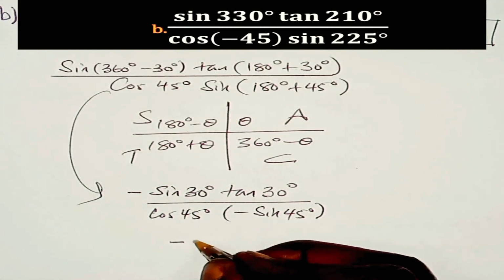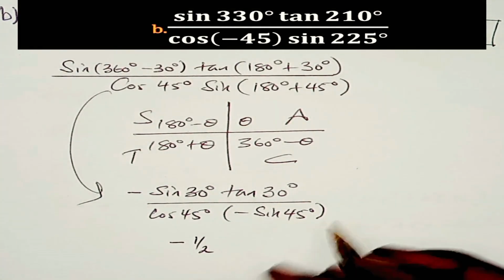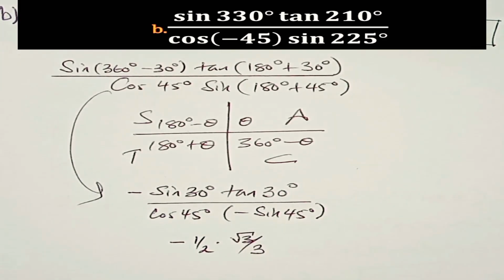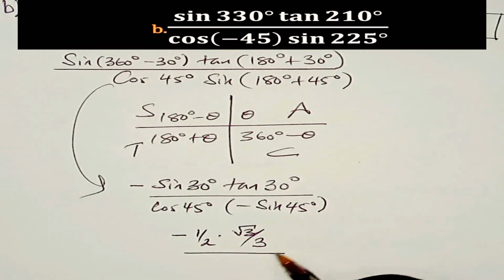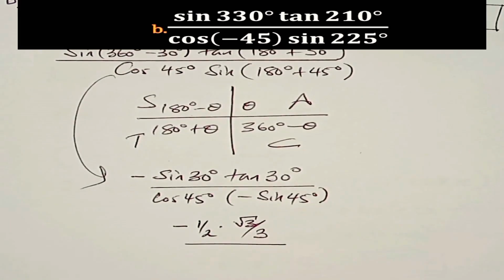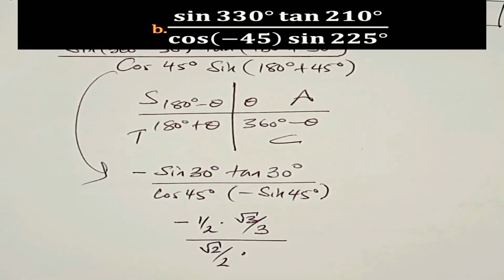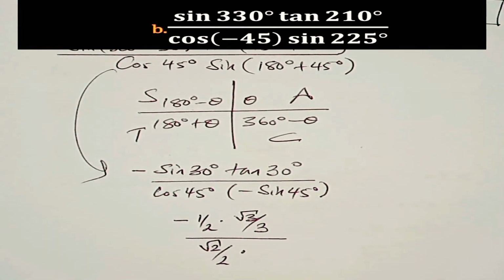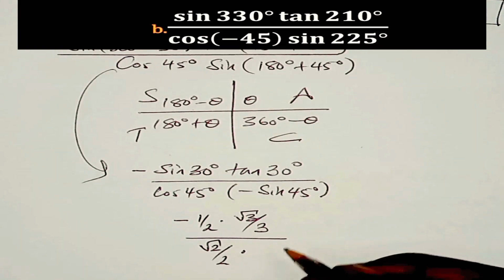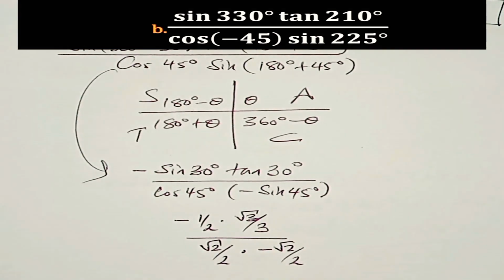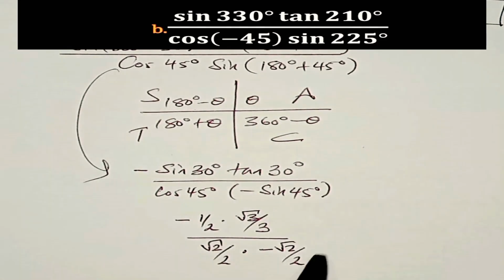So we have minus 1 over 2 on that. And tan 30 is root 3 over 3. And then we have cos 45 is root 2 over 2. That is multiplying minus sine 45. Sine 45 is root 2 over 2, but we have minus sine 45. So we have minus root 2 over 2.